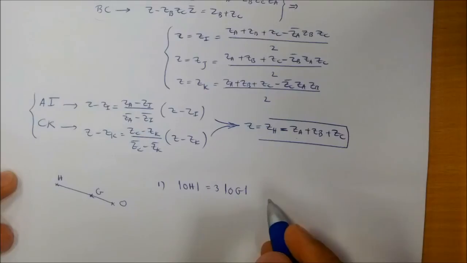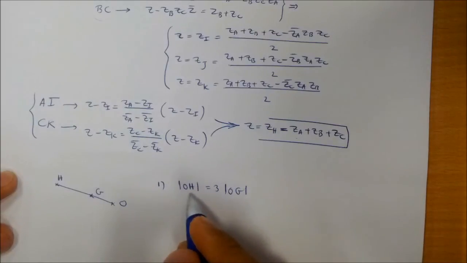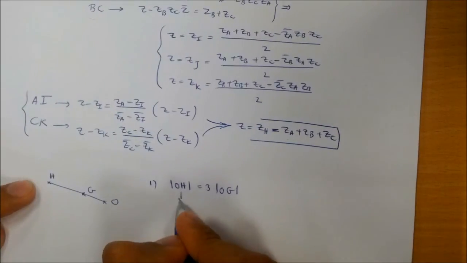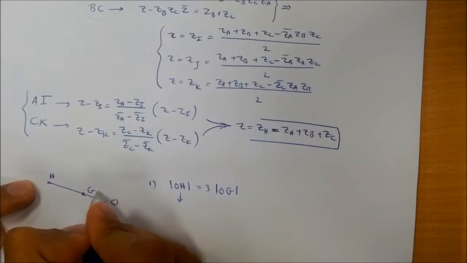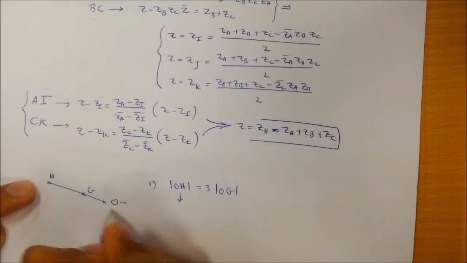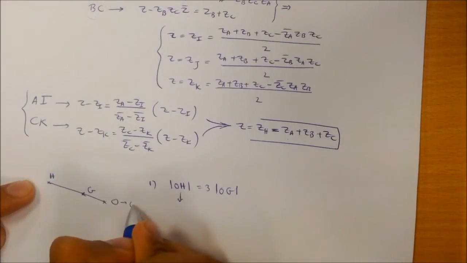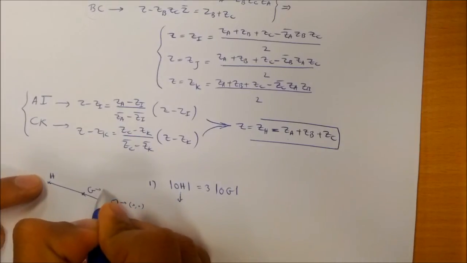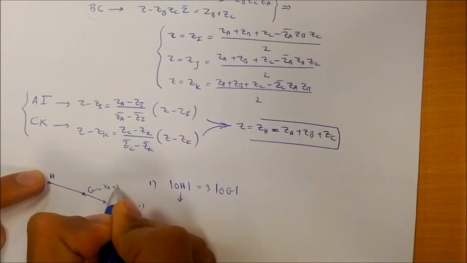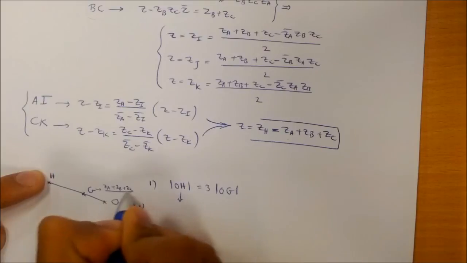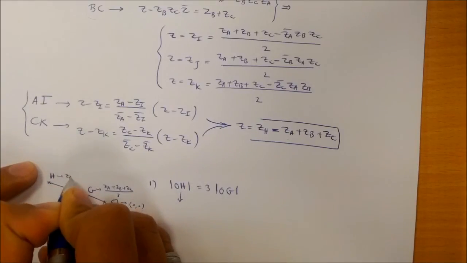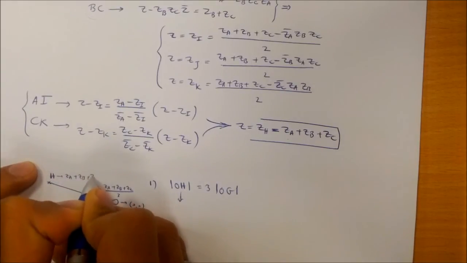And this is straightforward because the component corresponding to O is 0. The component of G is ZA plus ZB plus ZC over 3. And H is ZA plus ZB plus ZC.